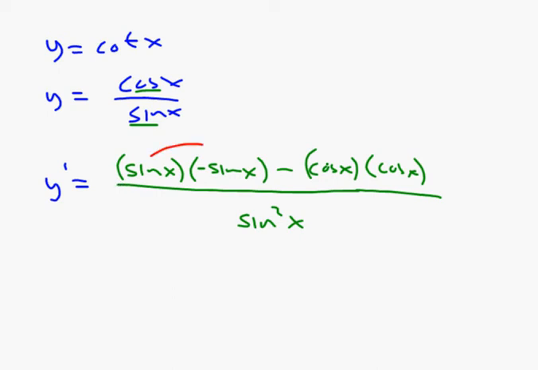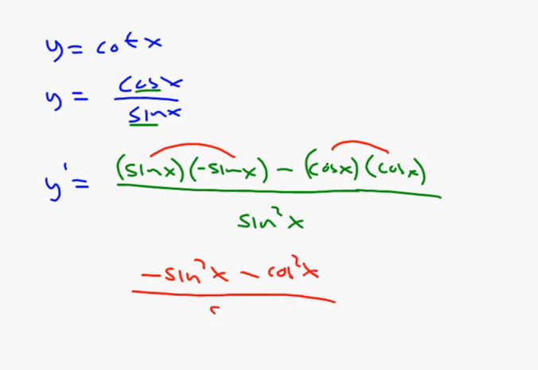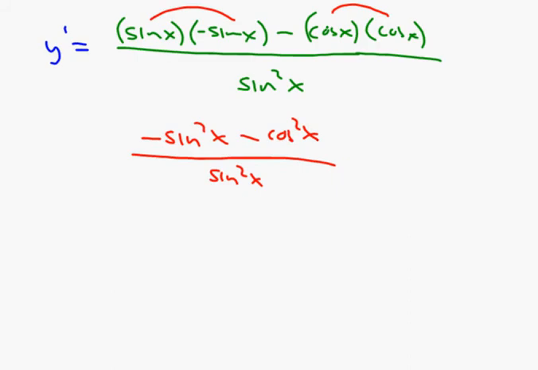Okay, so let's take a look at that top. If we multiply these things, that's going to give us negative sine squared x. Over here, you're going to have minus cosine squared x over sine squared x. All right. But now I look at that numerator, I'm like, wait a minute. I wish that said sine squared plus cosine squared. It'd be so nice if it said that, but it doesn't because these negatives are here.